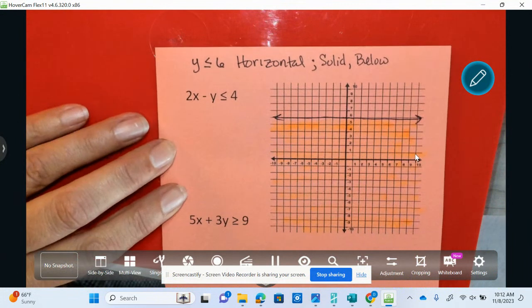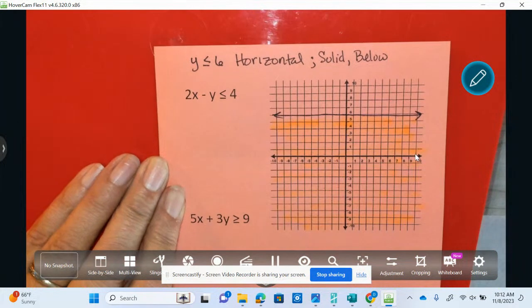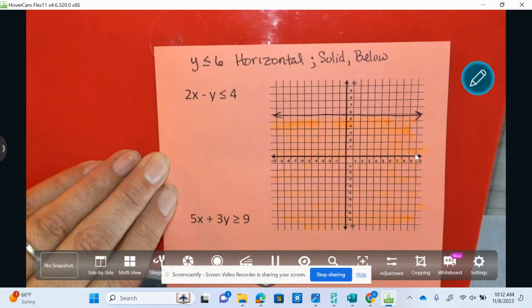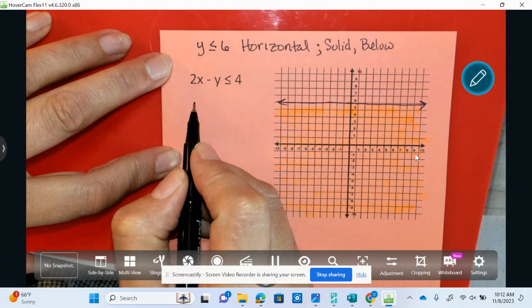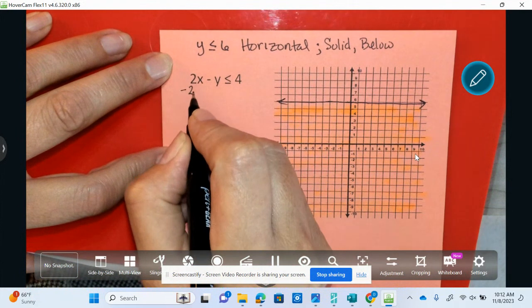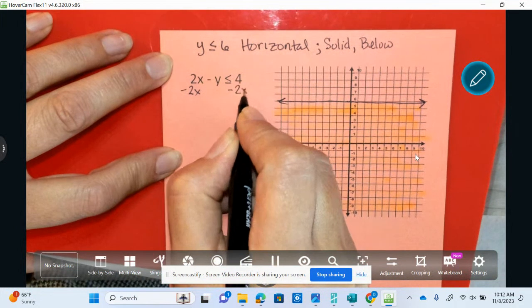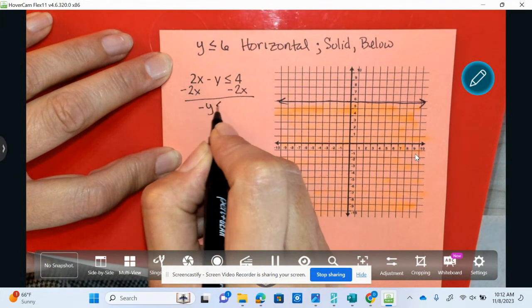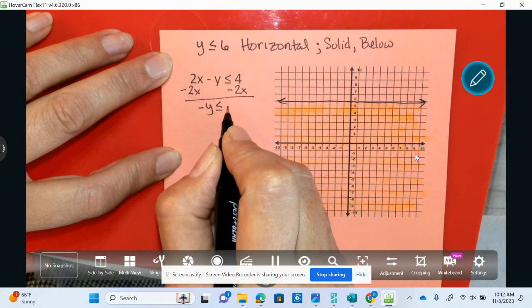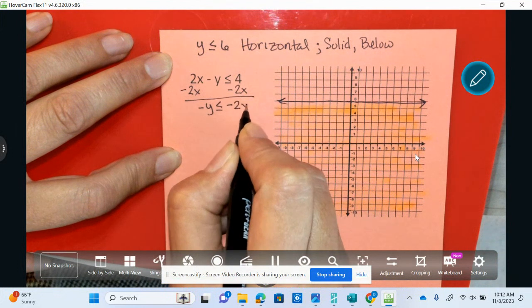Questions about that one? All right, how am I going to get y all by itself here? Subtract 2x from both sides. So negative y is less than or equal to negative 2x plus 4.